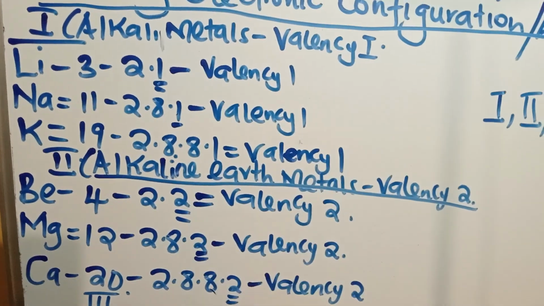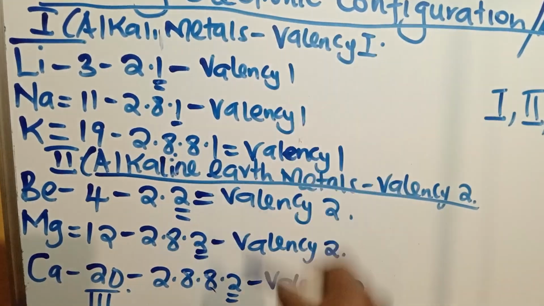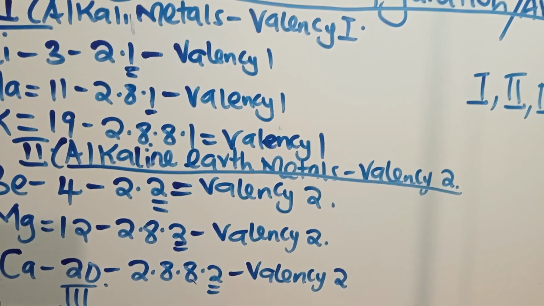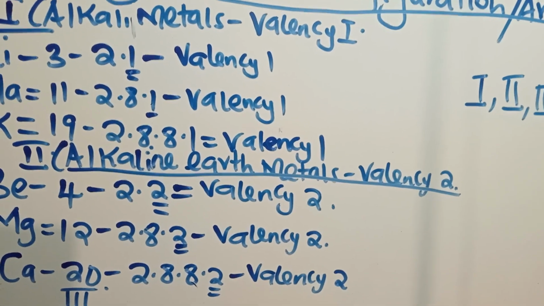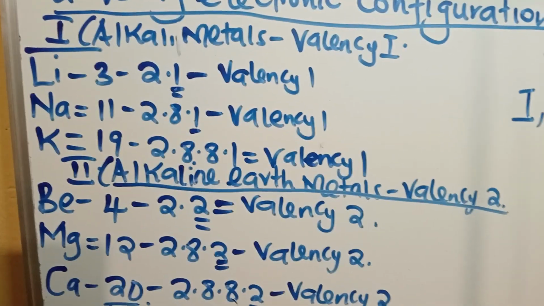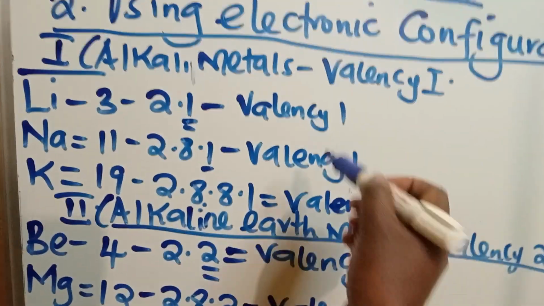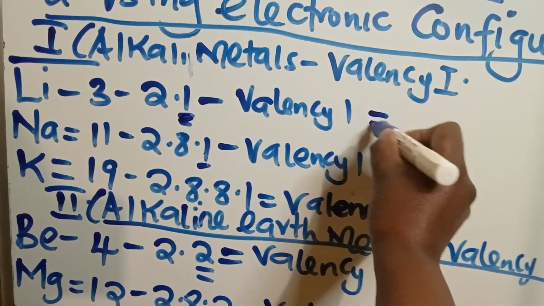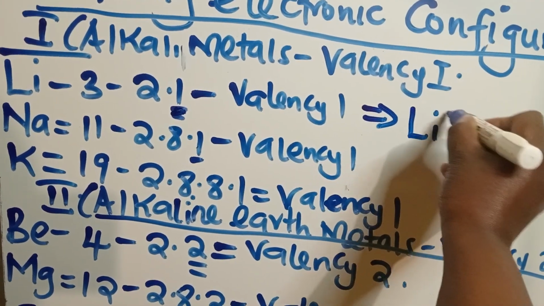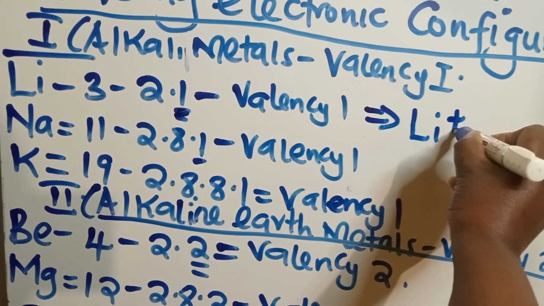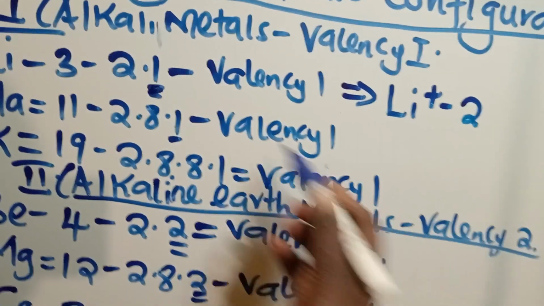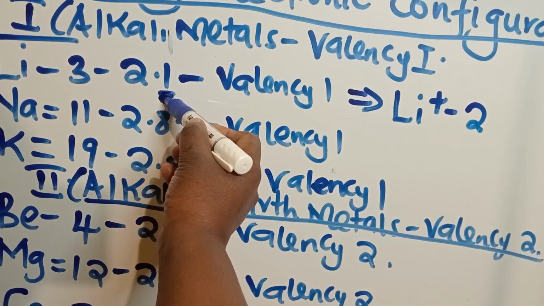And that is when we said that after they lose, they now acquire the ionic configuration with a positive charge. I just want to remind you that when lithium loses this 1 electron, it will become lithium ion, and the ionic configuration will then become just 2 after it loses this 1.